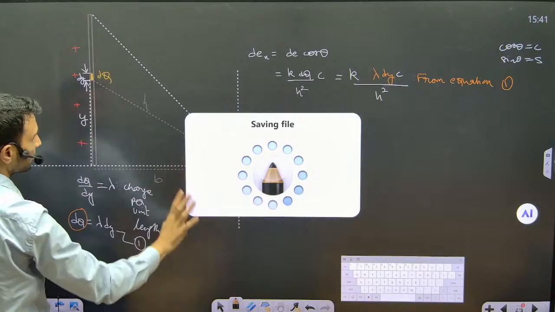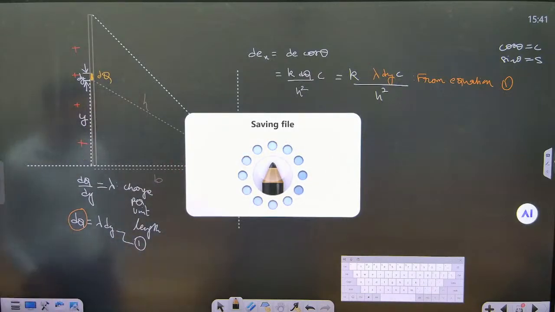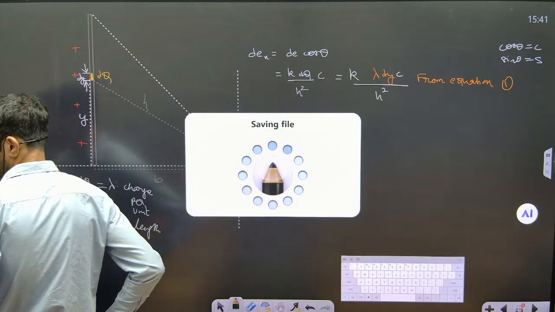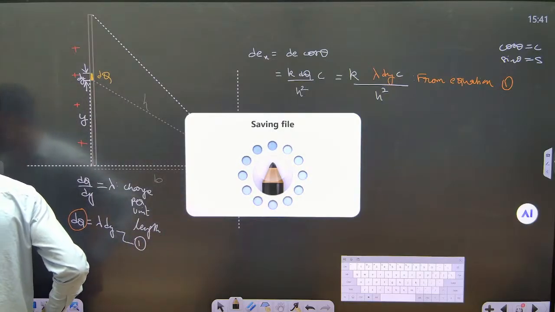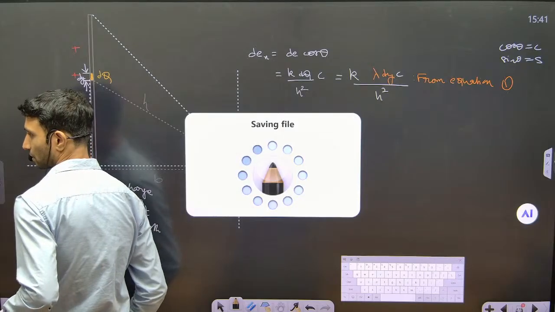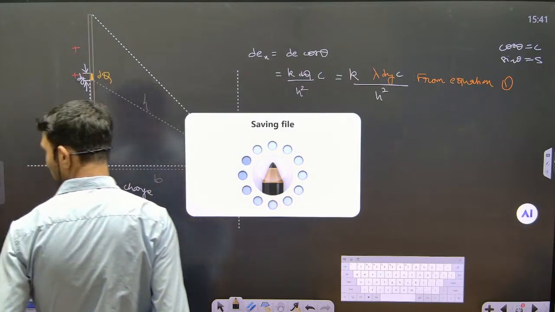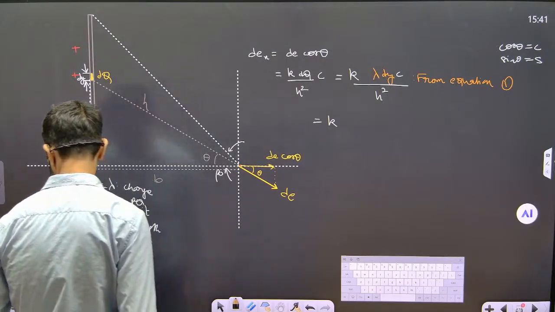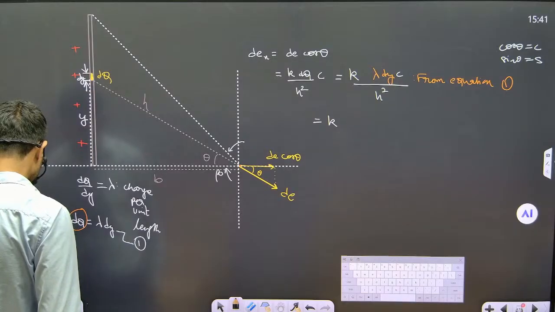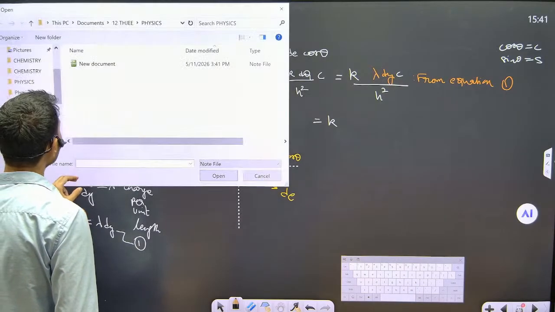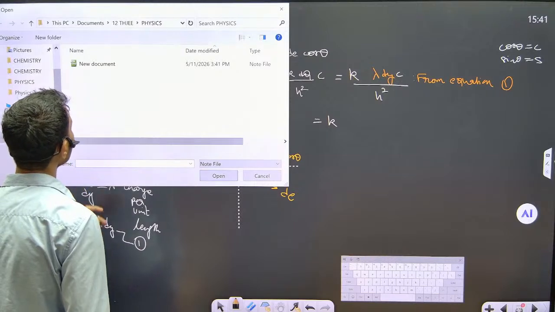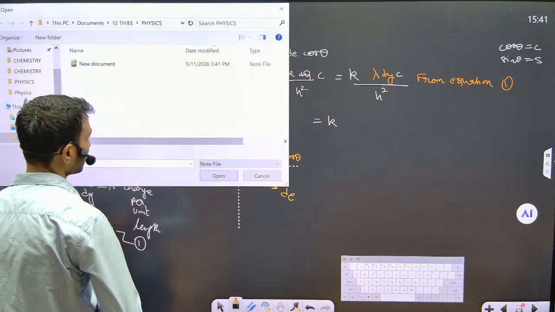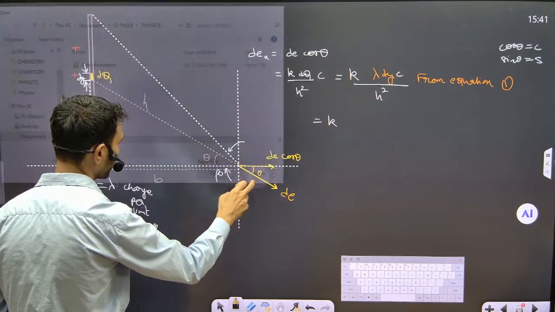I'll first save it as it is. Saved. Now we can always open from there. Open from here. Alright. Now we can continue.